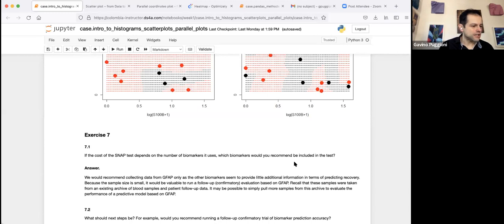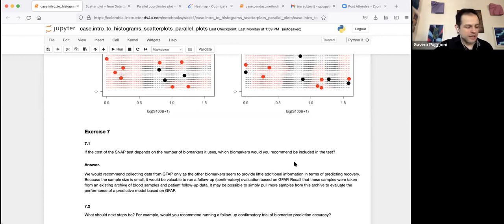Okay, more data. Get more data. You really think like statisticians. I like that. It makes me happy. I like more data. Other biomarkers. Okay. Very good.